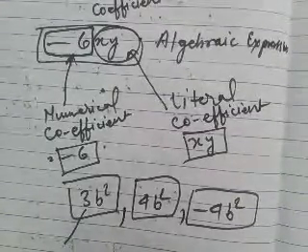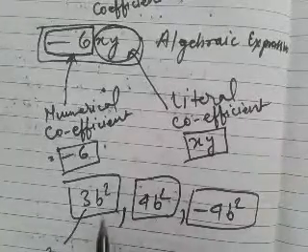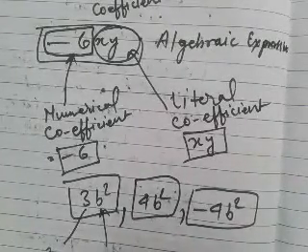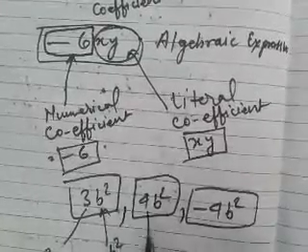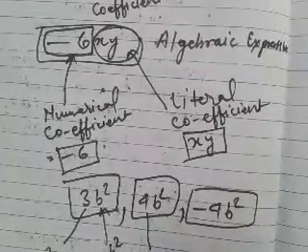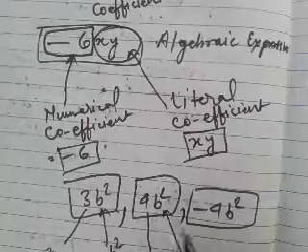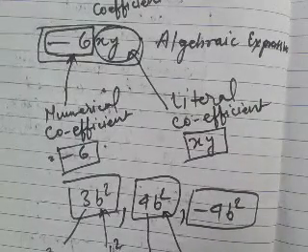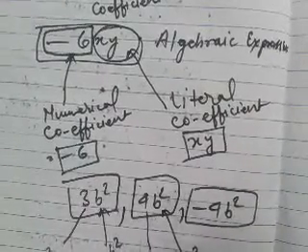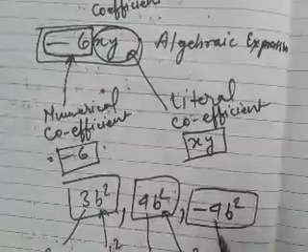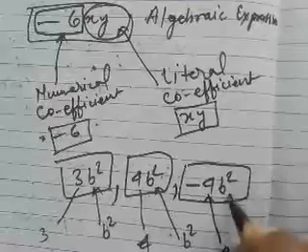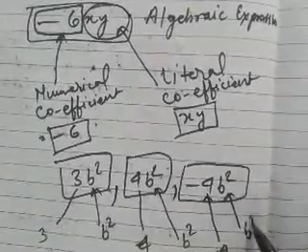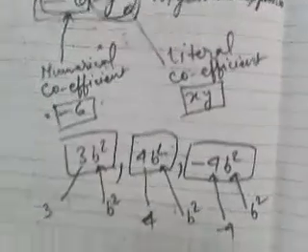They have numerical coefficients 3, 4 and minus 4, and each has b square as the literal coefficient.